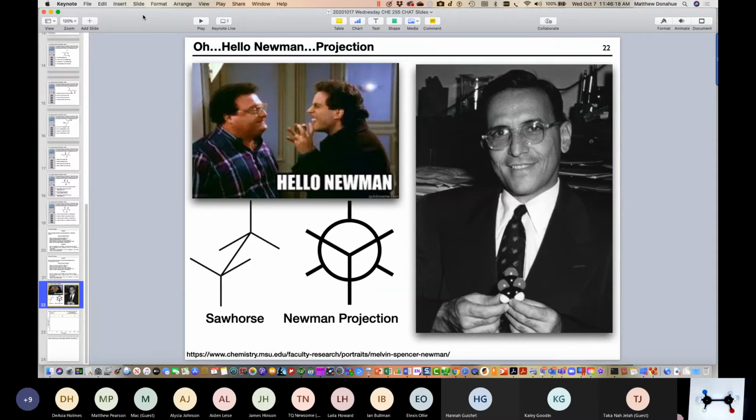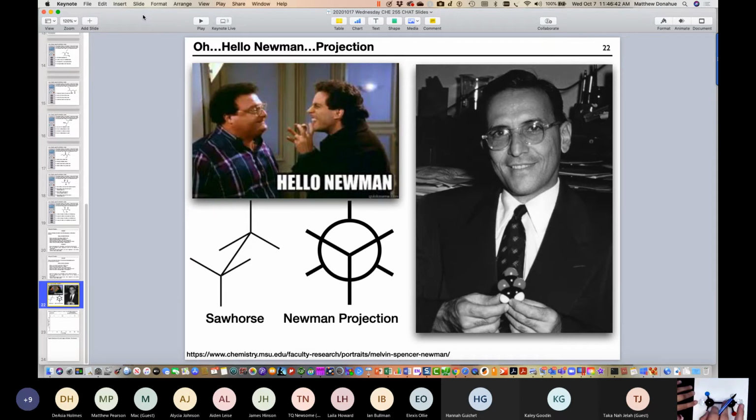So conformational analysis is the consideration of what I want to call steric interactions within a molecule. And maybe this will make a little bit more sense if I draw something first.